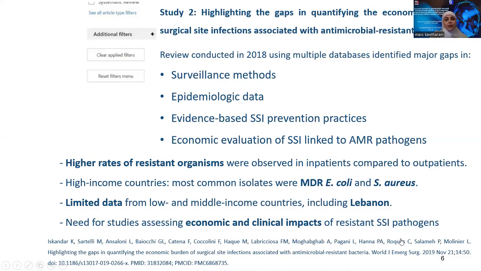In high-income countries, the most common isolates were multidrug-resistant Escherichia coli and Staphylococcus aureus, with limited data from low and middle-income countries, including Lebanon.